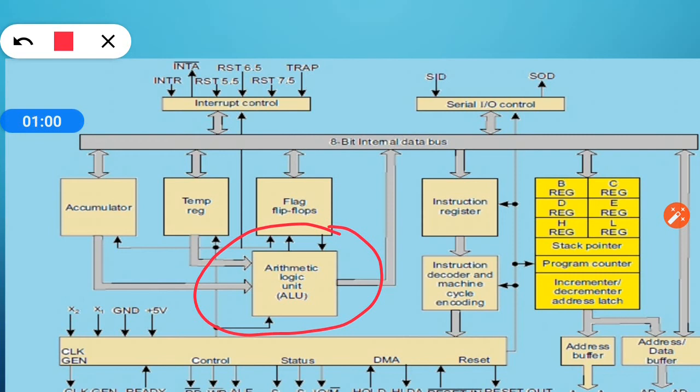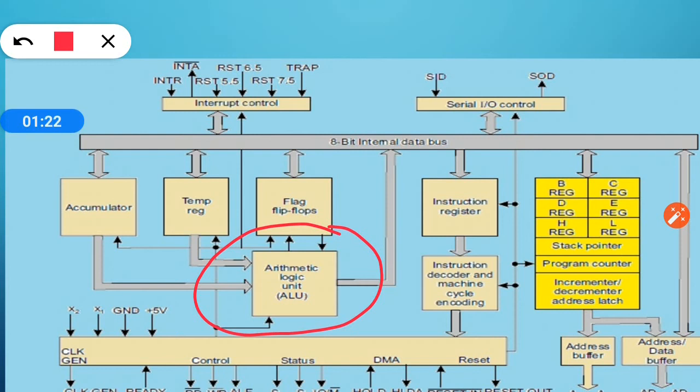But out of these four, our processor performs addition and subtraction. Apart from addition and subtraction, it also performs comparative operations, that means greater than, less than and equal to. These operations are performed by the arithmetic and logic unit.